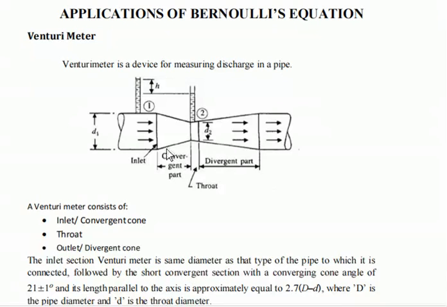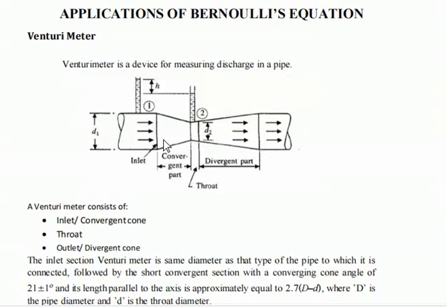This is the short convergent section. The entry of this convergent section should have the same diameter as that of the pipe. In this figure it is the d1 diameter. Now it is a short convergent part with a converging cone angle of 2θ, 21 plus or minus 1 degree.